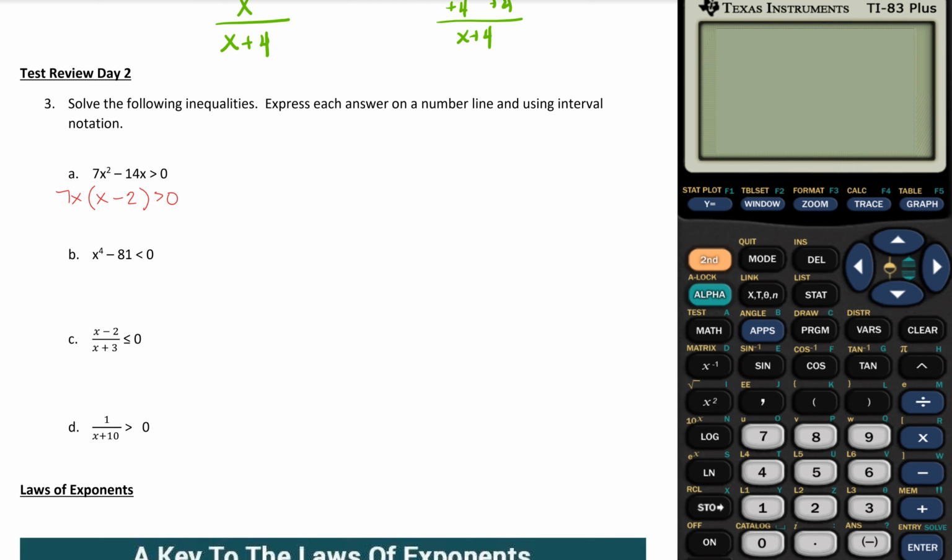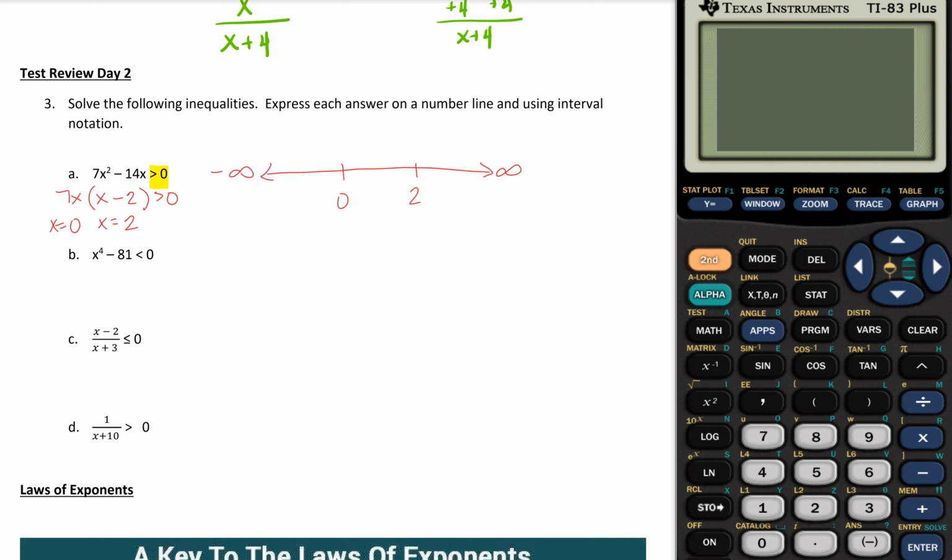So we're going to draw our number line, right? We have negative infinity to positive infinity. And then if we were to solve, we know that this is x equals 0 and this is x equals 2. So we know we're going to have a 0 here and a 2 here. And we're, of course, looking for where it's greater than 0. So we're looking for where the numbers are greater or positive.